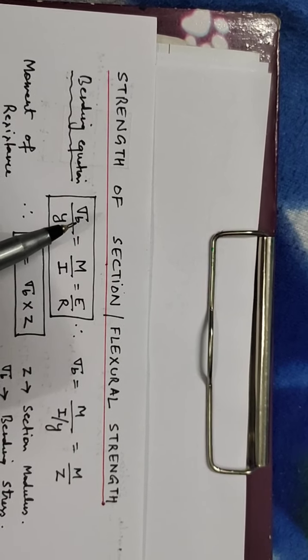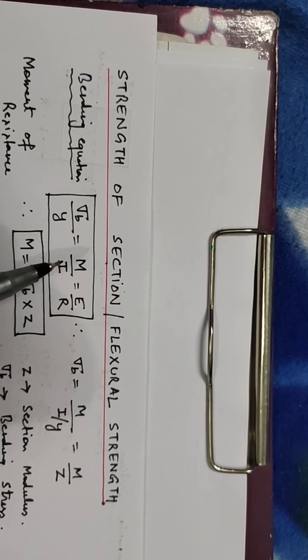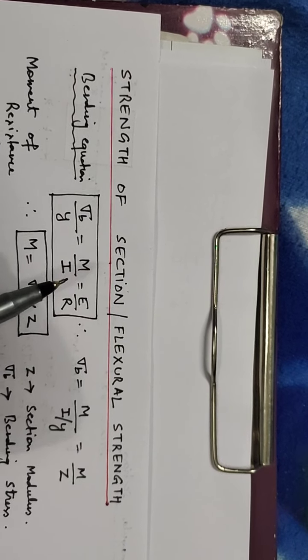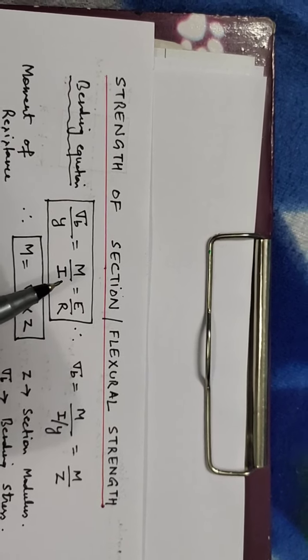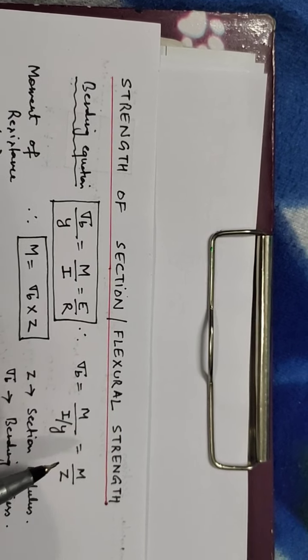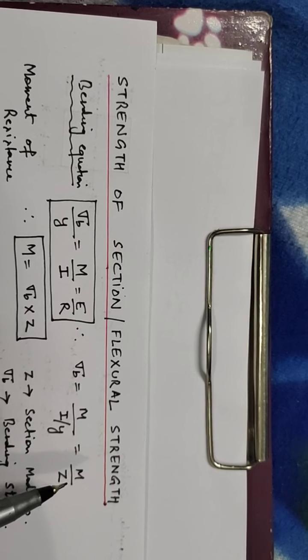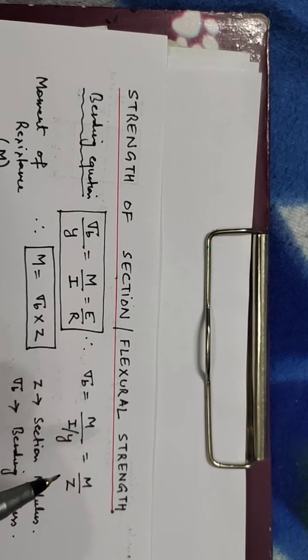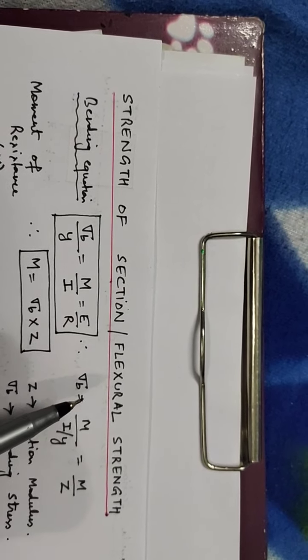Next, bending stress is also proportional to your bending moment and inversely to your moment of inertia. That is, bending stress also depends upon your section modulus. The lower the value of section modulus, the higher will be your bending stress.